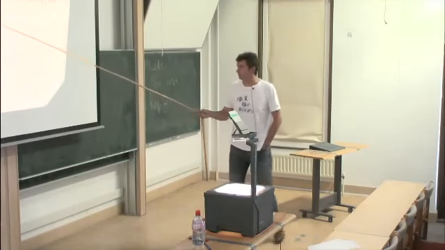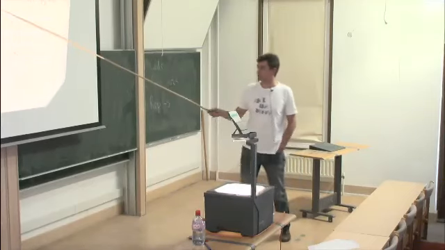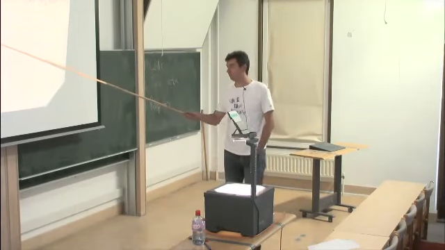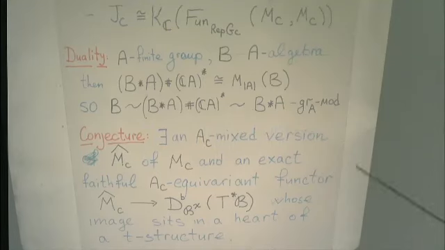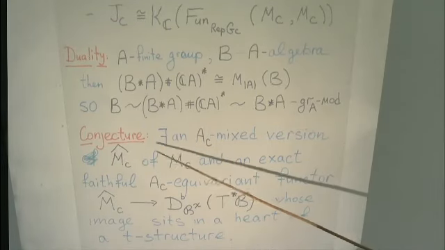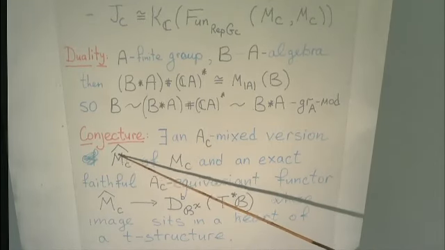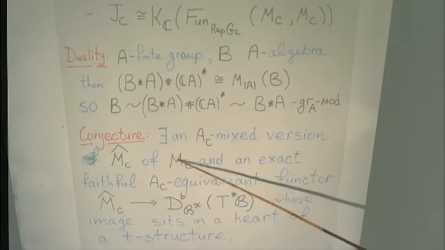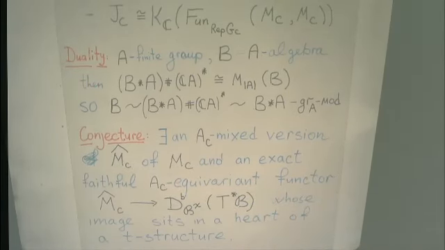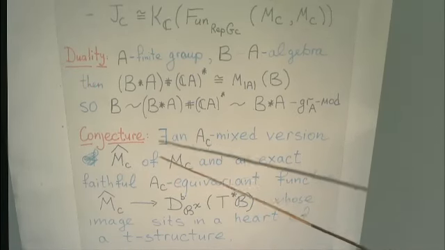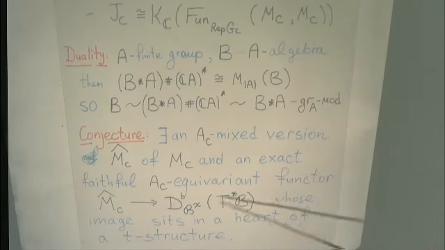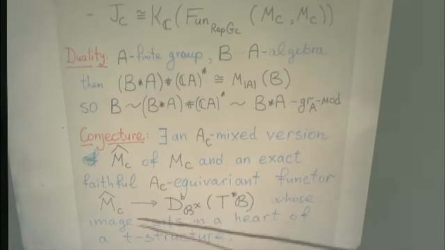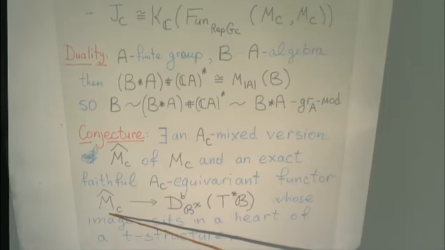And I'm not putting many conditions because you can put various versions of what has to be satisfied, but there should be some action of the group AC on this category, and there should be a forgetful functor. And also, one needs an exact, faithful AC equivariant functor.